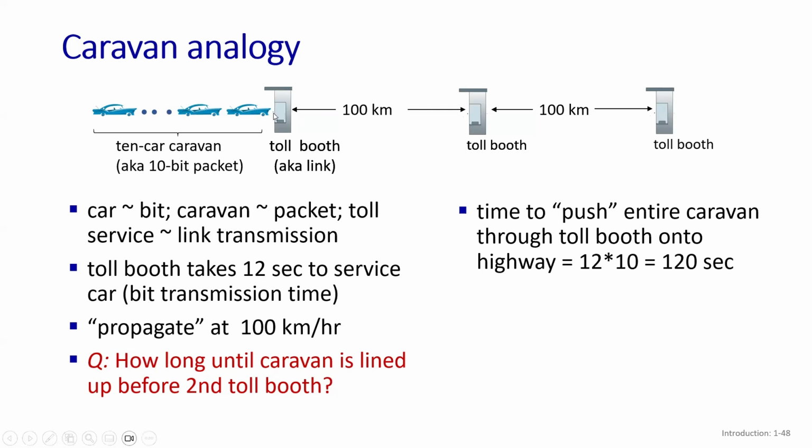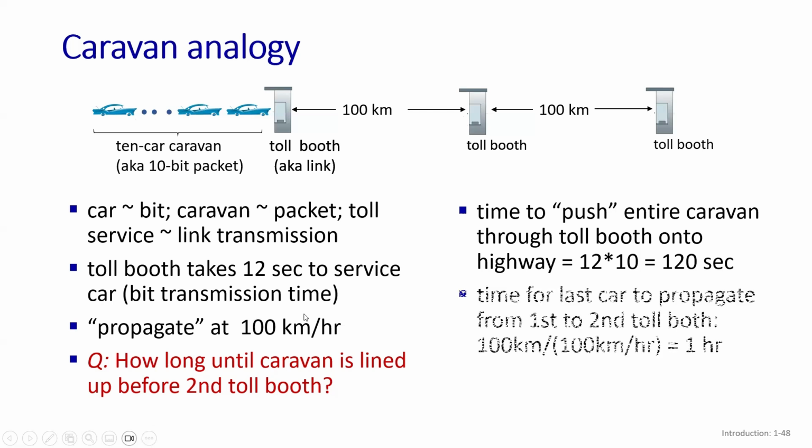After that, the time it will take for the last car to reach is the distance divided by the speed, 100 kilometers divided by 100 kilometers per hour, which means the car will take 1 hour to go from this toll booth to the second toll booth.